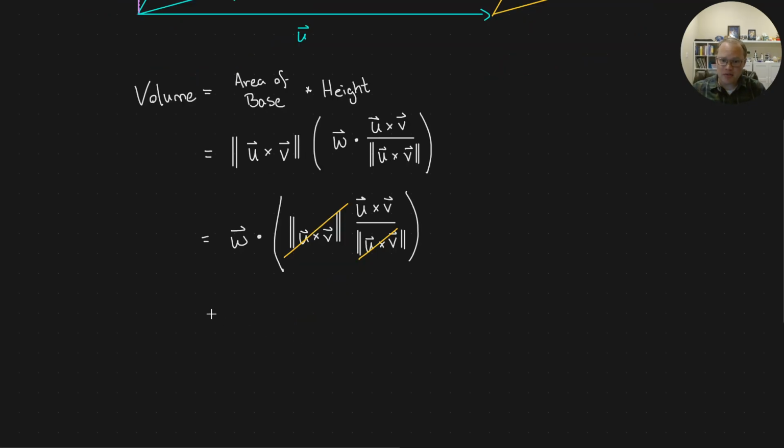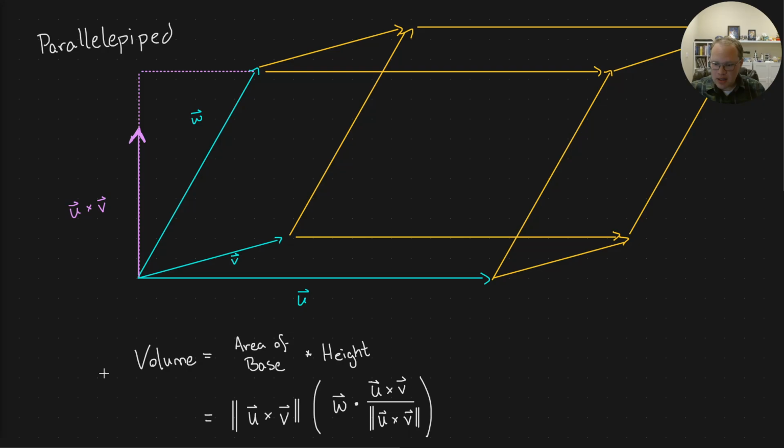And so my final formula here, the volume of a parallelepiped, would be w dot u cross v. Okay? And actually, I got to be a little careful here, because the way I've written it, this component here of w will be positive, but it doesn't need to be. The dot product here doesn't need to be positive.